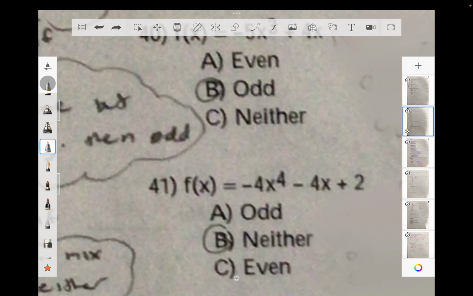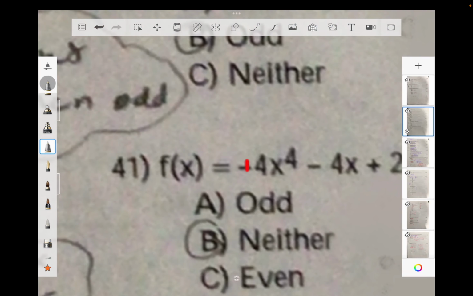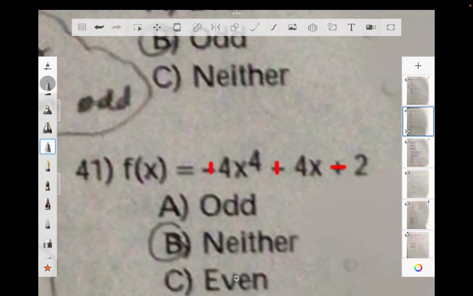If you change all the x's with negative x's and it's a mix, but it's not the same, then it is neither, right? So if this was positive, negative, this would be odd because it's a flip.